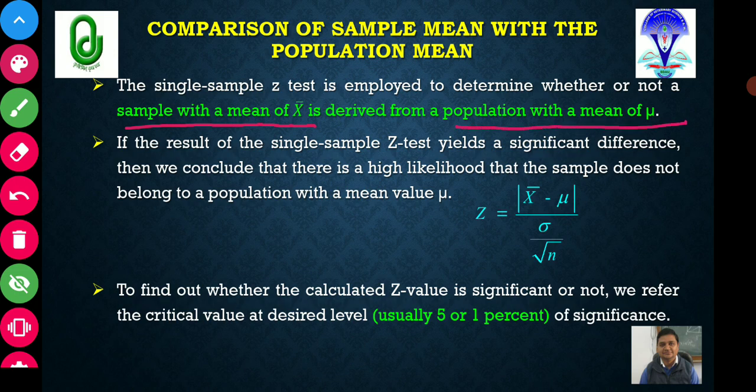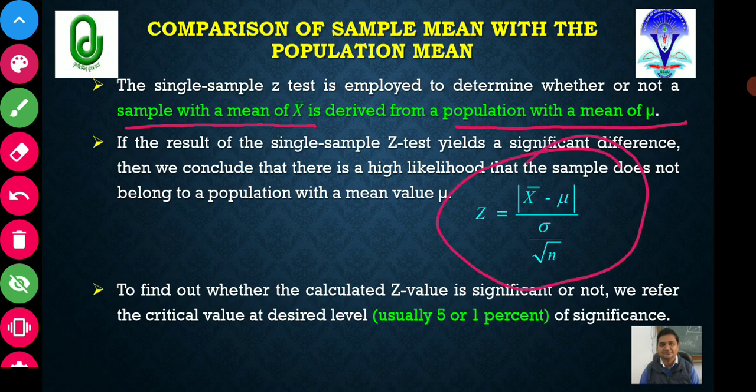So you have a situation where you have to decide whether this sample is from that particular population or not. You have been given the population mean and you have the sample mean. Now you have to decide whether the sample mean is equal to the population mean or not.